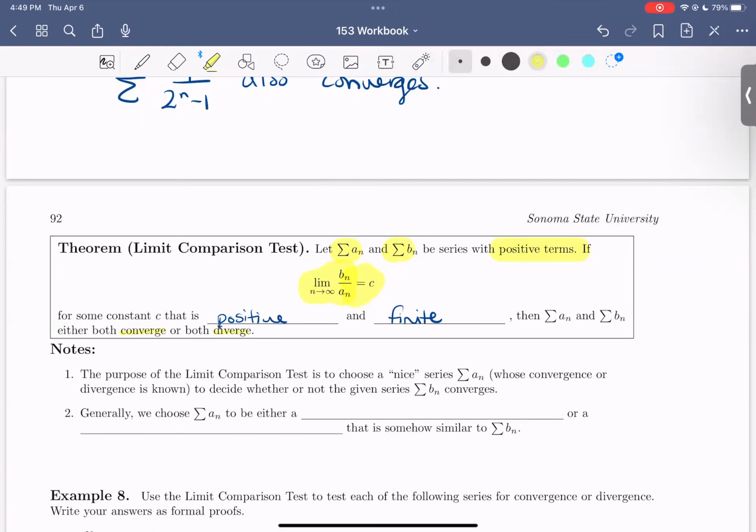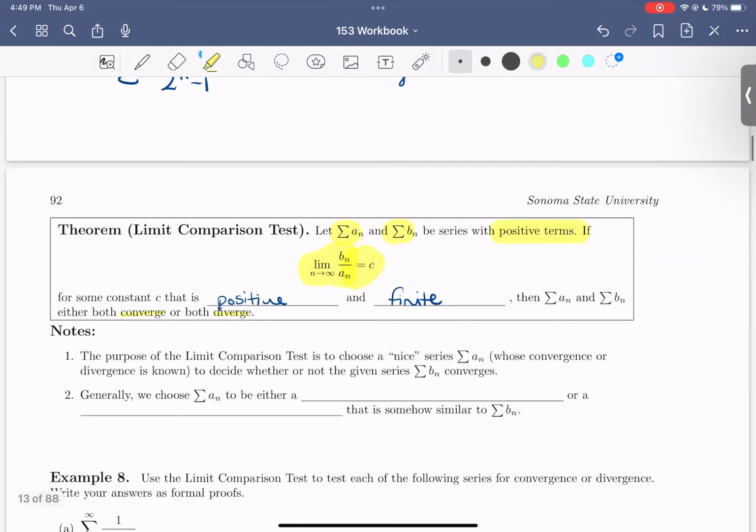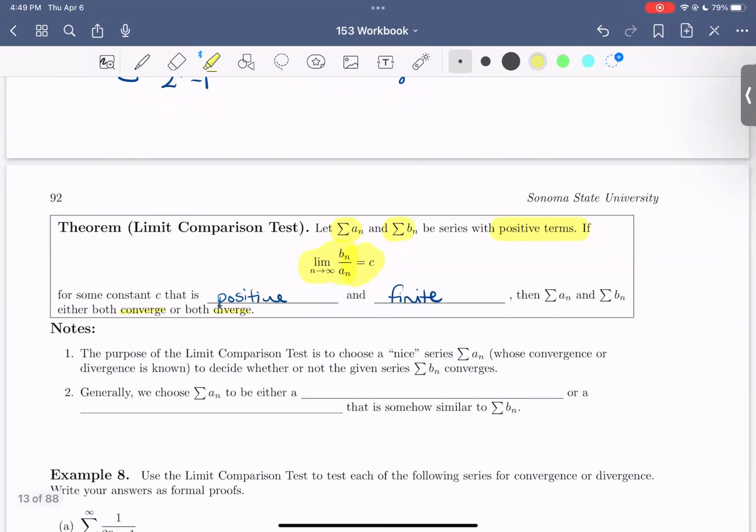So a couple notes on this theorem. First of all, the purpose of this limit comparison is to choose a nice series a_n whose convergence or divergence is known. And then that will help you decide whether or not the given series b_n converges. So we should think of how we use this limit theorem as considering the b_n series as the series that's given to us.